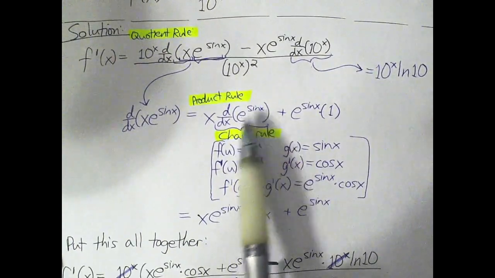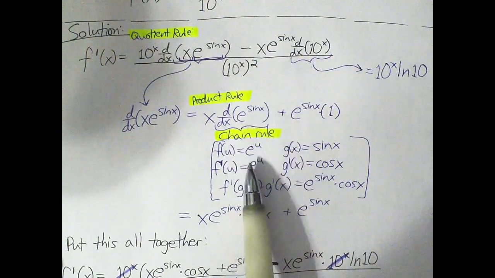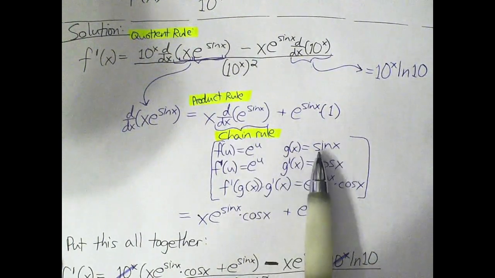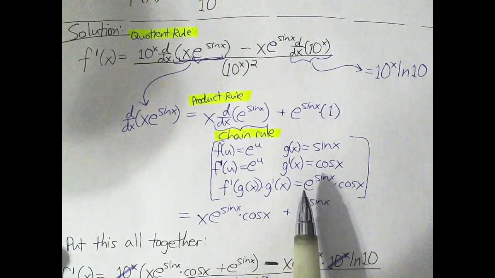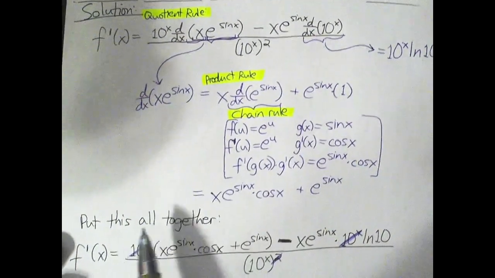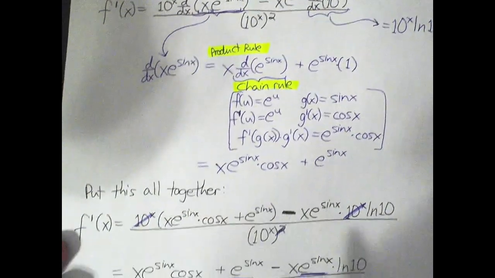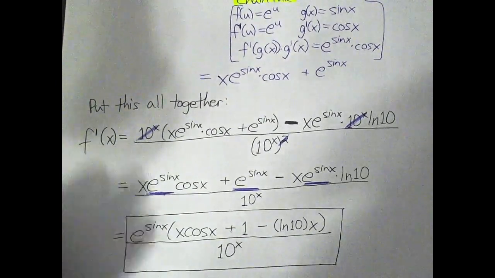Luckily, the actual chain rule part of this problem wasn't so bad. E to the sine x had relatively simple pieces. The hard part about this problem was probably using so many rules and then figuring out how to piece it all together and simplify it. But there's our answer at the bottom.